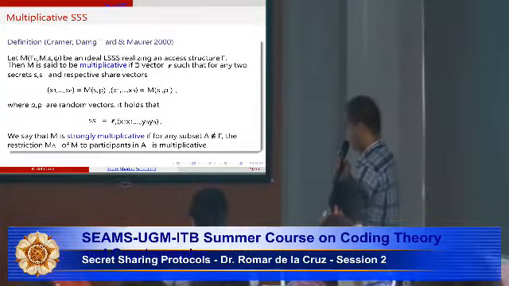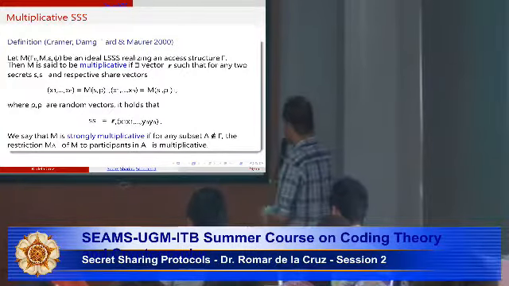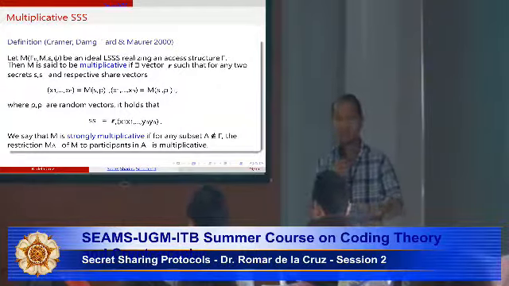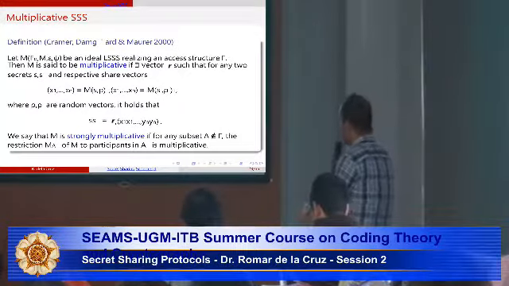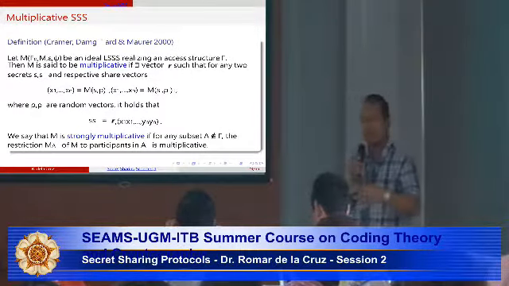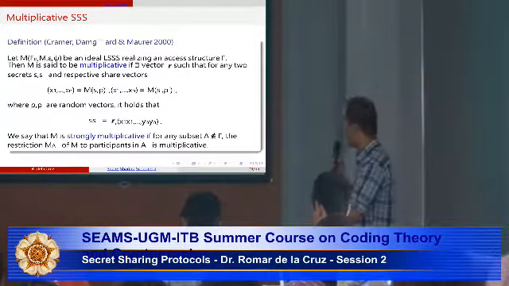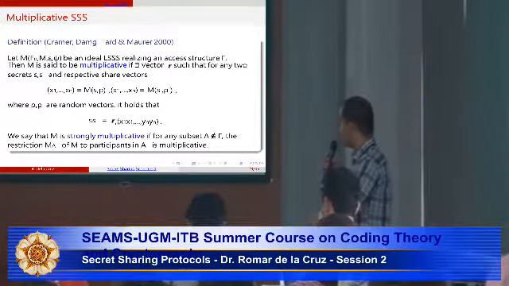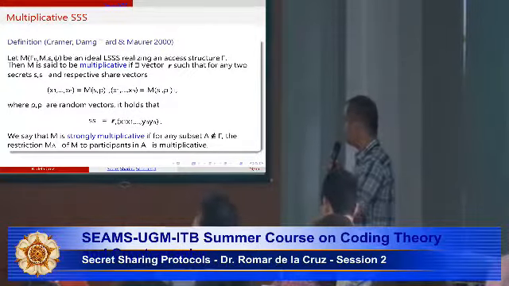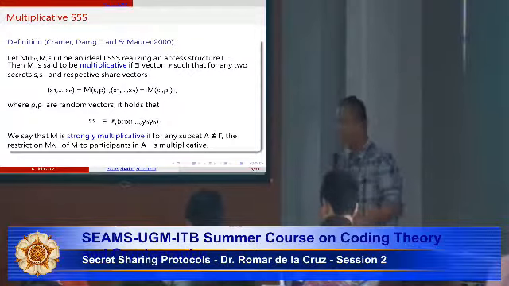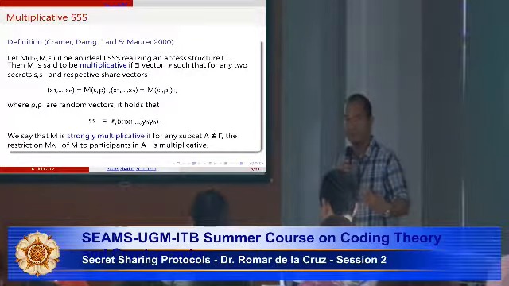For S prime, suppose the shares are x1 prime to xn prime. Now, we are interested in the product of the two secrets. So we have two secrets. We consider their product. The question is, what happens to the corresponding shares?